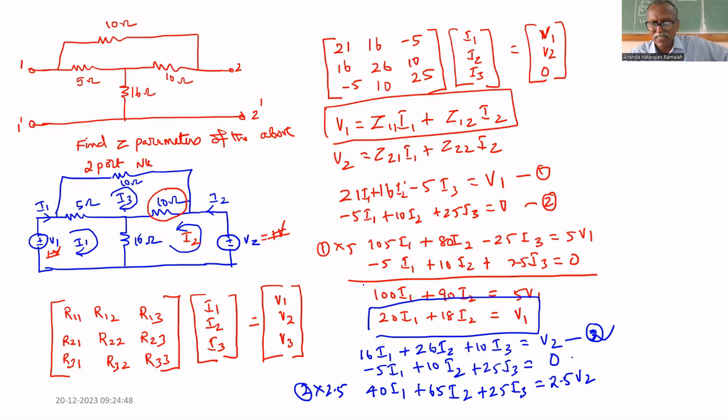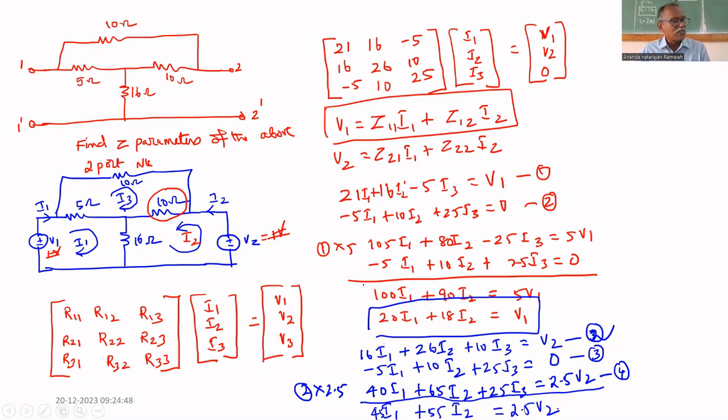I subtract the third equation from this fourth equation. Subtract third from fourth, you will get 40 minus of minus 5 plus 5, 45 I1, and 65 minus 10, 55 I2. These two get cancelled, equal to 2.5 V2.